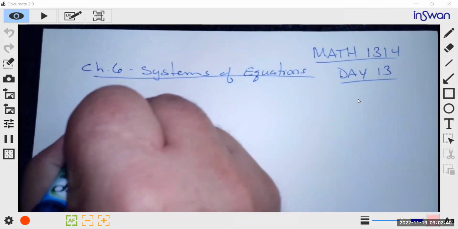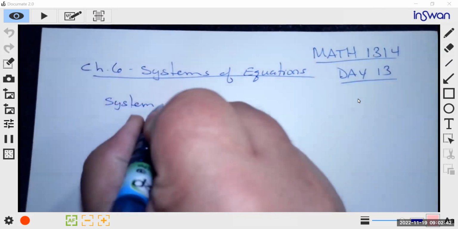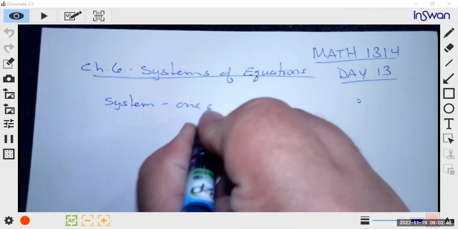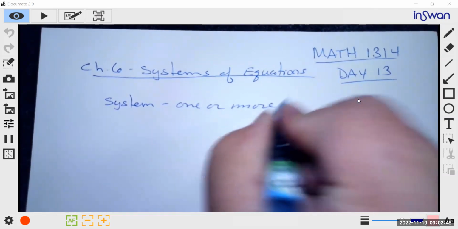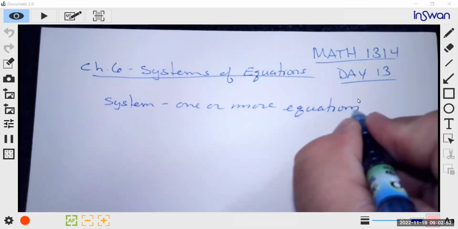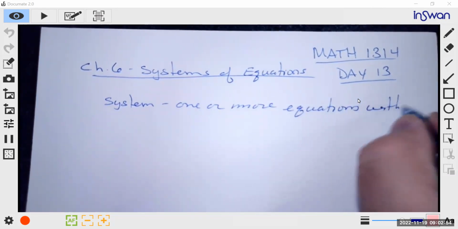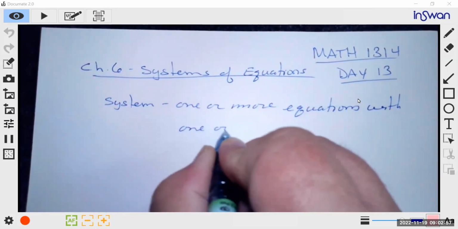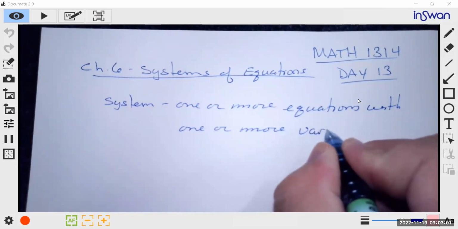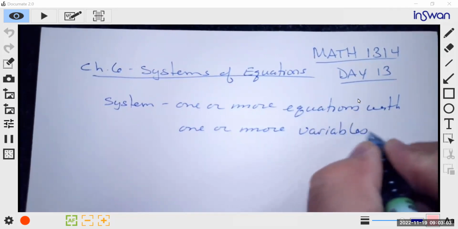When we say system, what we're talking about there is one or more equations with one or more variables.